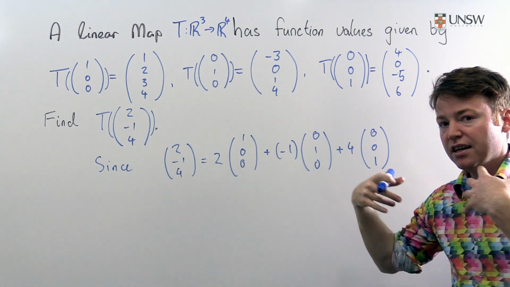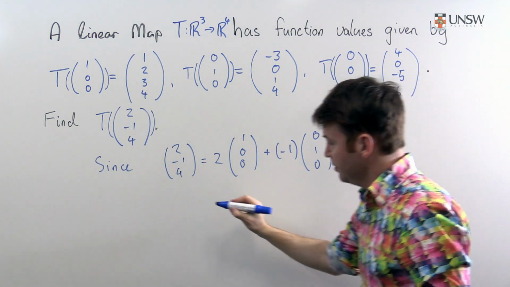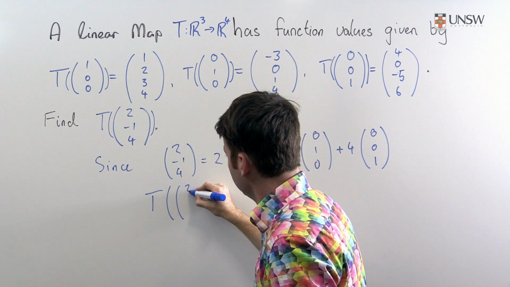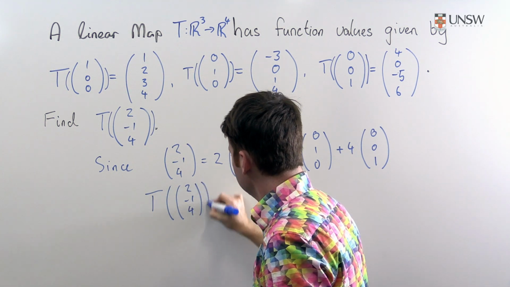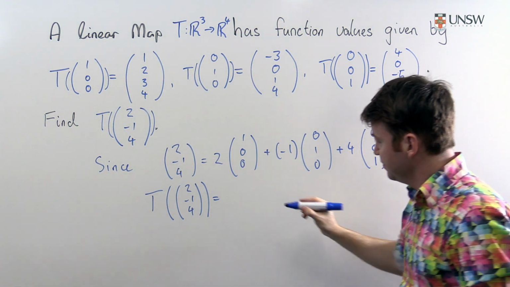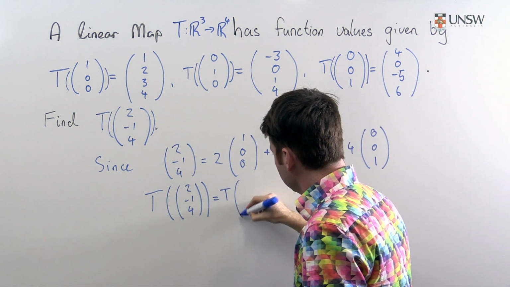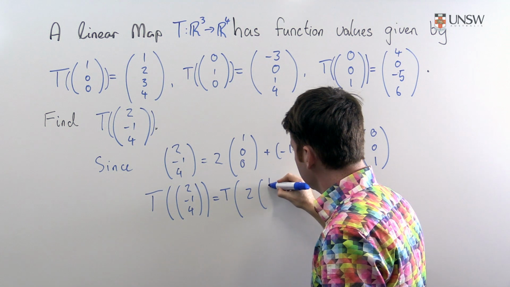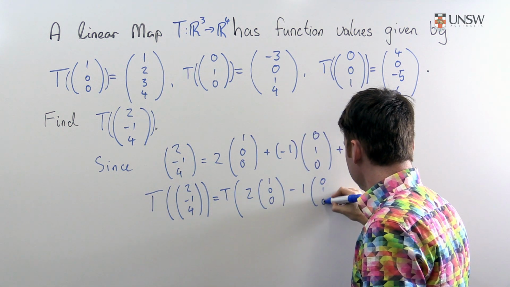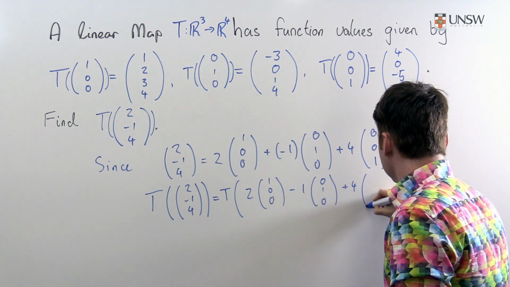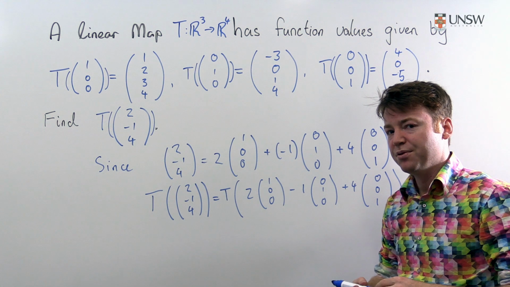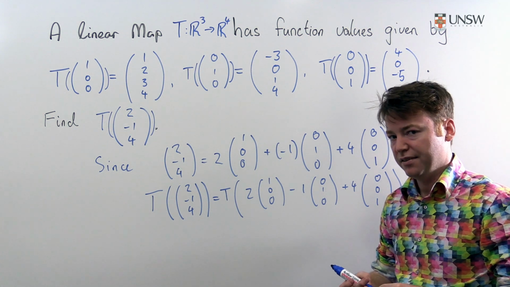Then we can apply T to both sides of this equation. So T of (2, -1, 4) is equal to T of this side. So that's 2 of (1, 0, 0) minus 1 of (0, 1, 0) plus 4 of (0, 0, 1). Now I'm going to use the fact that T is linear.